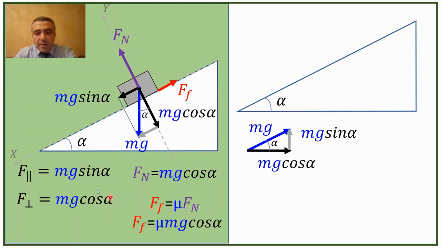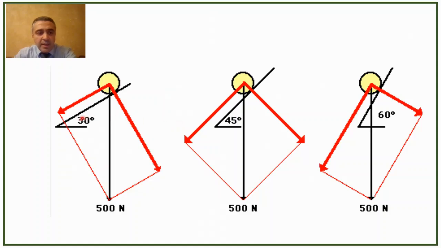and here you see mg sine alpha and mg cos alpha. If we look at these three pictures, we can see that the gravitational force is equal in all of them, but depending on the angle of the slope, the parallel force is increasing and the perpendicular force is decreasing.